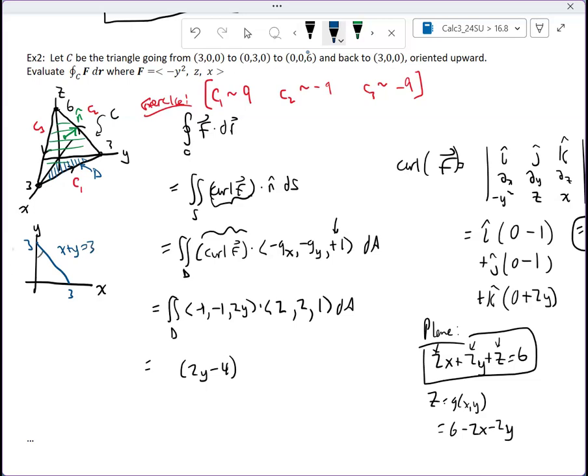This is x plus y equals 3. And here I see I have an integrand with y in it. I think it'll be slightly easier to integrate with x on the inside. So I'll let x go from 0 to 3 minus y, and then I'll let y go from 0 to 3.